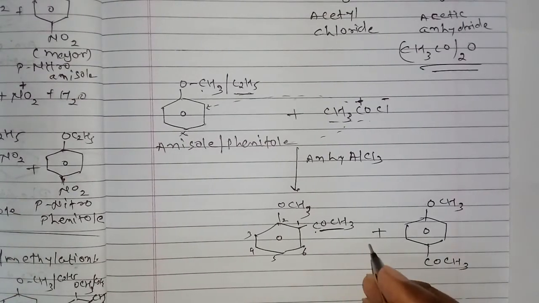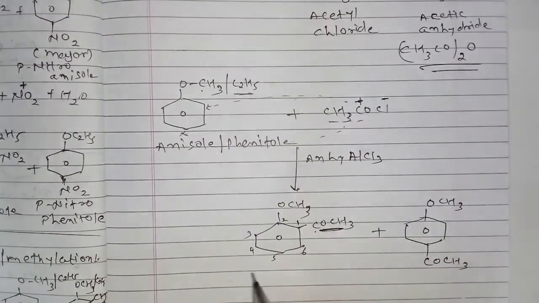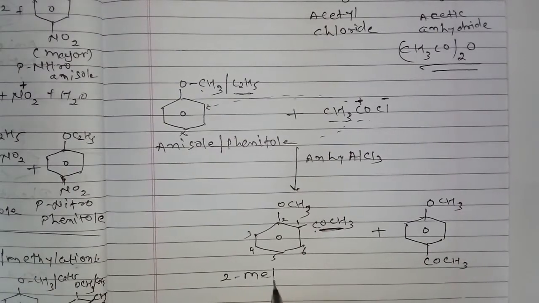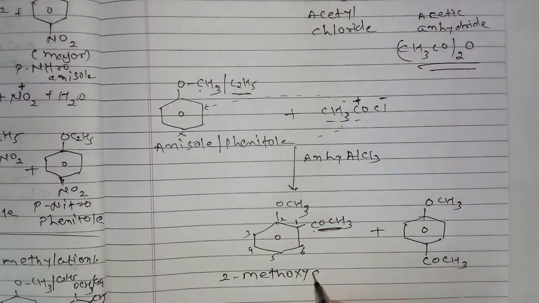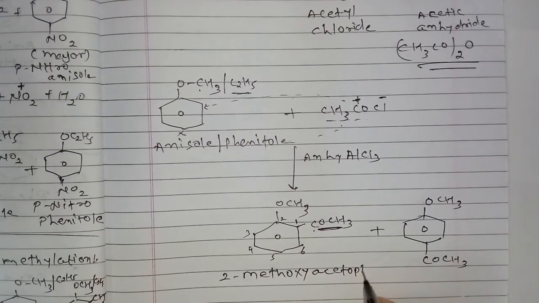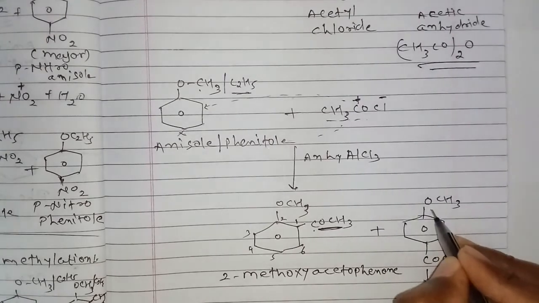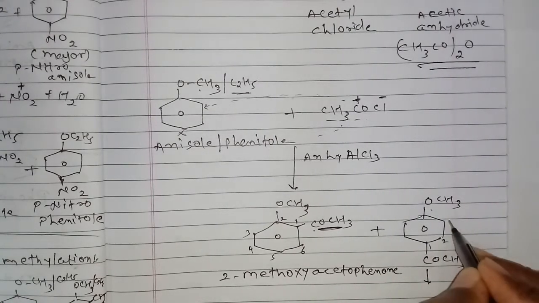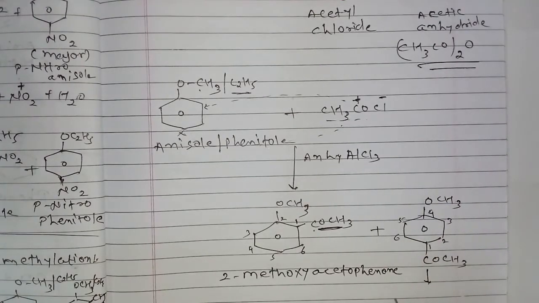As per priority first, it is called 2-methoxy. The rest of the part is acetophenone. It is called 2-methoxy acetophenone, or here 1, 2, 3 and 4 and fourth position methoxy group.